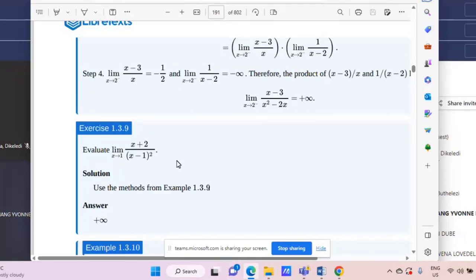For 1 over x minus 1, I substitute 1 where I see x, and it gives me 1 over 0, which is positive infinity. Positive multiplied by positive is positive, which gives me positive infinity. I'm finished, sir.